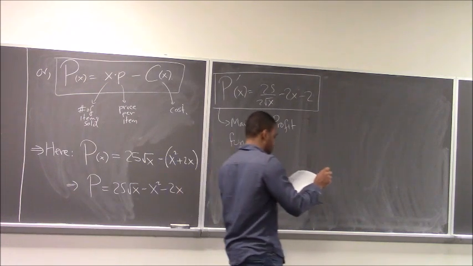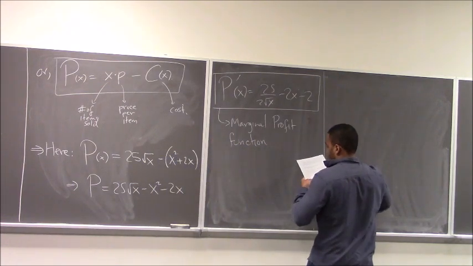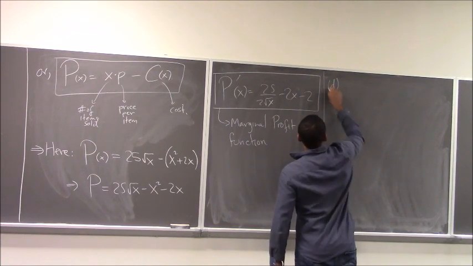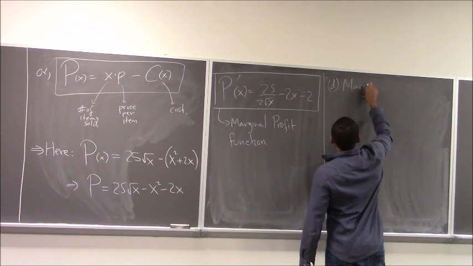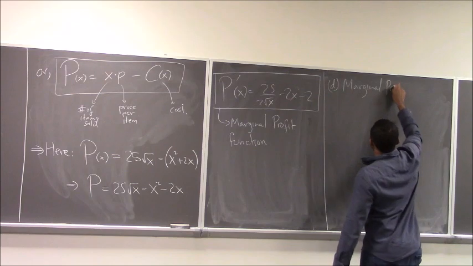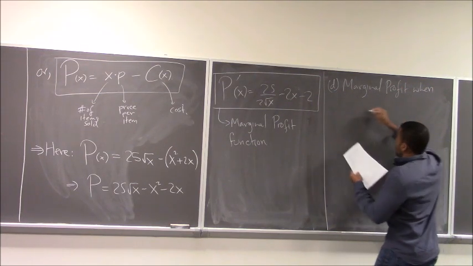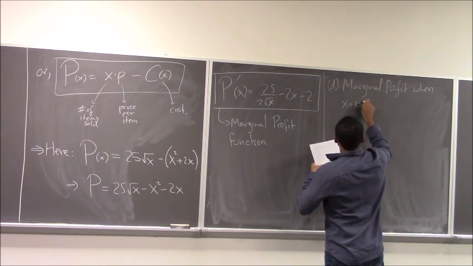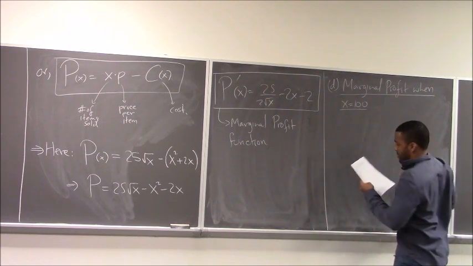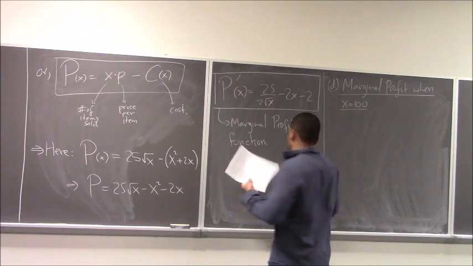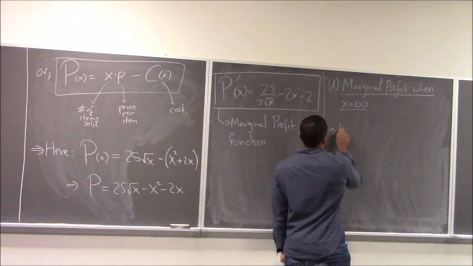So that was part C. In part D, we want the marginal profit when x equals 100. And again, that's just you plugging in.